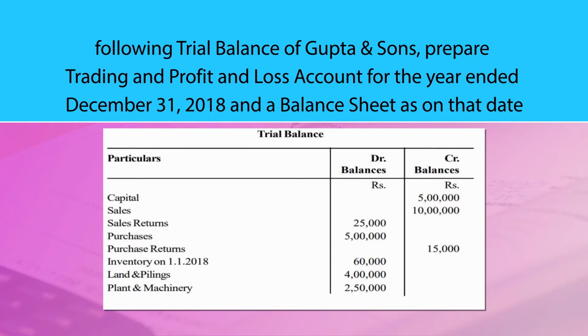Therefore, the balance sheet tells you about the assets, liabilities and capital on a particular date: what assets and liabilities the business owns on that date, and what the amount of capital of that business concern is on that date.